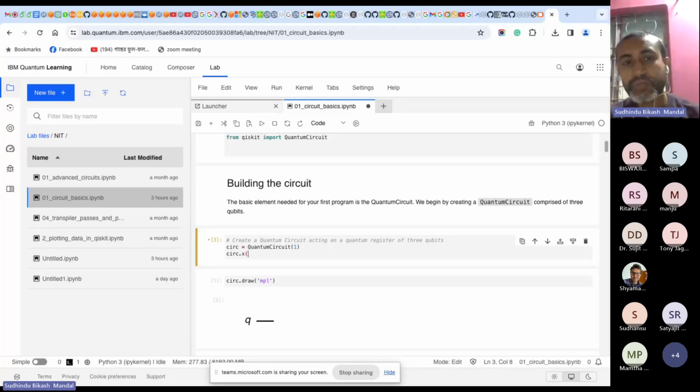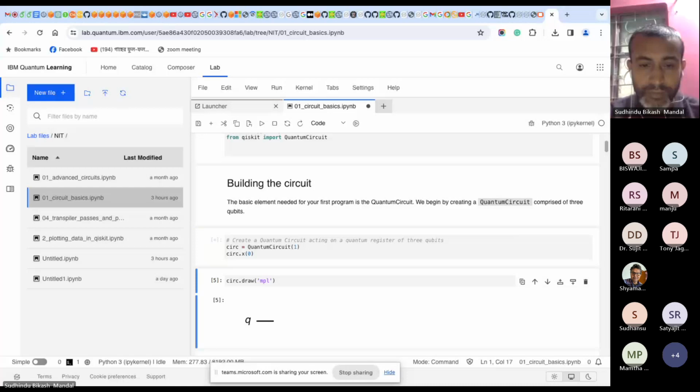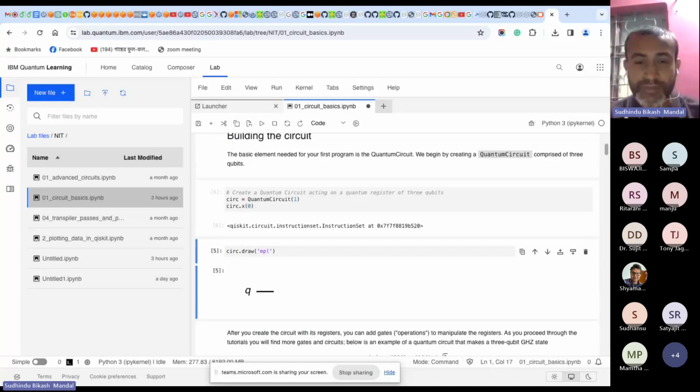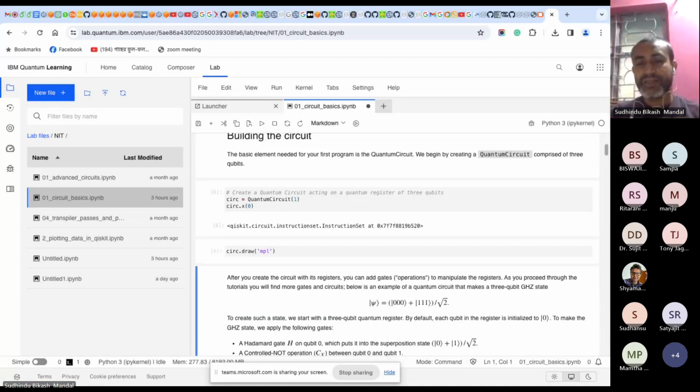I have a single qubit circuit, and indexing will start from 0. That's why I want to put this X on the 0th qubit. Now if I draw this, we'll get an X gate there.